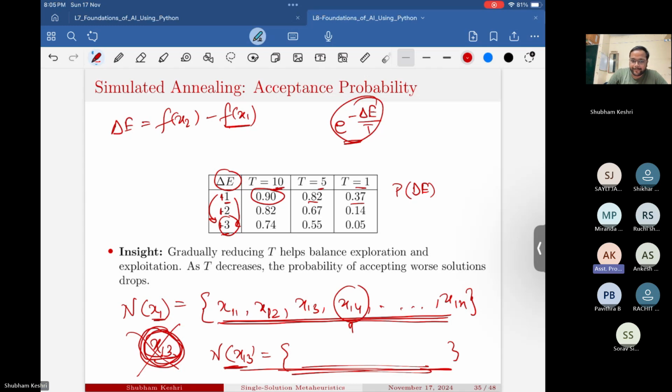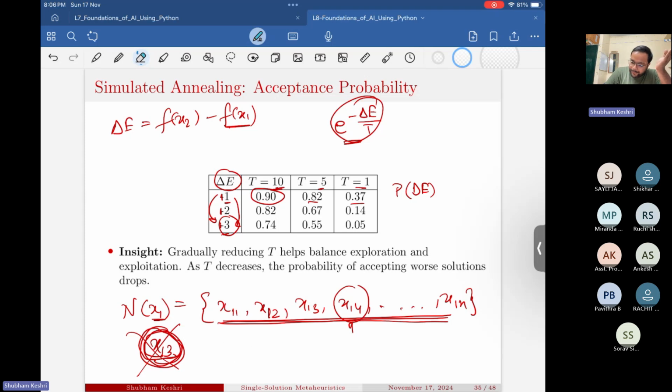Let's say x13 has been picked up, which is not a good solution, and it has been given a probability of say 0.5. Then what will happen? If you are asking how it picks, suppose the value e to the power minus delta E by T for this x13 is equal to 0.5.